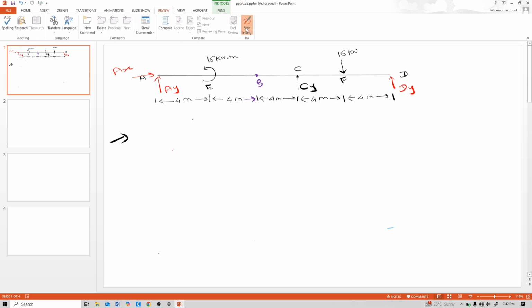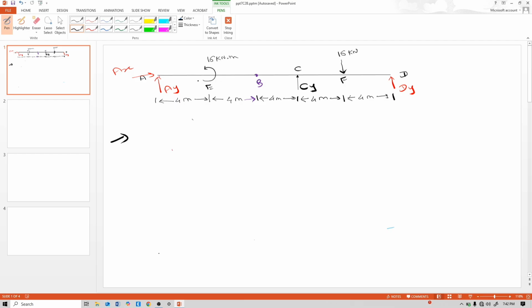So for solving this structure we need to cut this beam at this hinge location. Remember, at the hinge location the moment is 0, but shear comes.